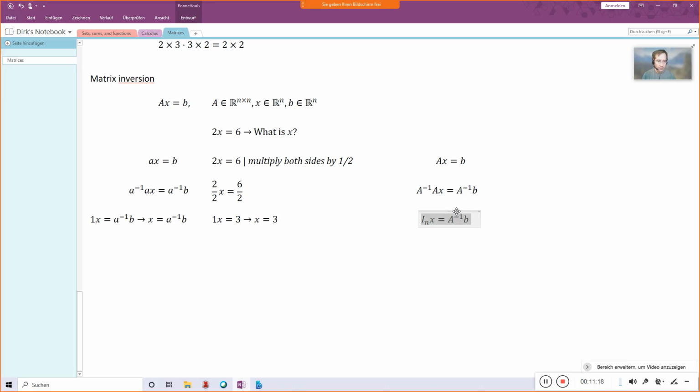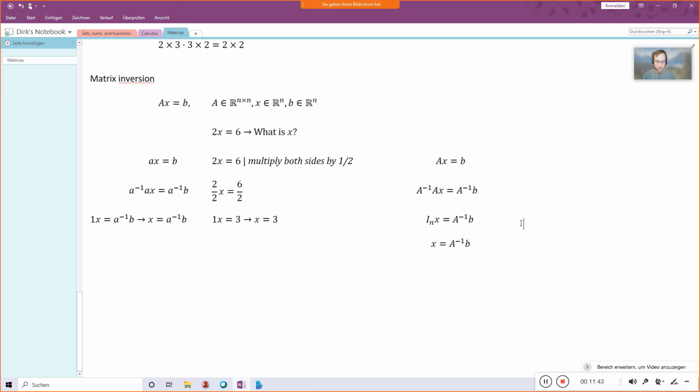The identity matrix has the same effect as the one has in standard multiplication, namely if you multiply any matrix by the identity matrix, as long as it's defined, nothing changes. So I_n times x gives you x, and then we have solved for x, namely x is the inverse of A times b. Now what's the identity matrix?